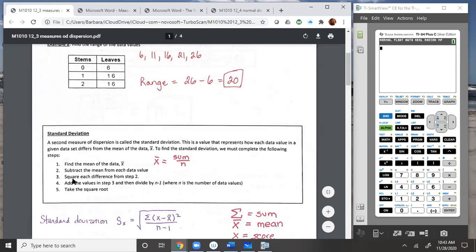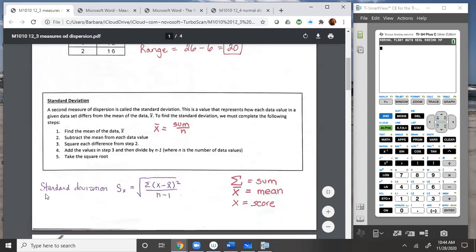Step 3, square each difference from step 2. Step 4, add the values in step 3. So we're taking the sum of all of the squares of the differences. Then divide by n minus 1, where n is the total number of data values. And then finally, step 5 is take the square root.